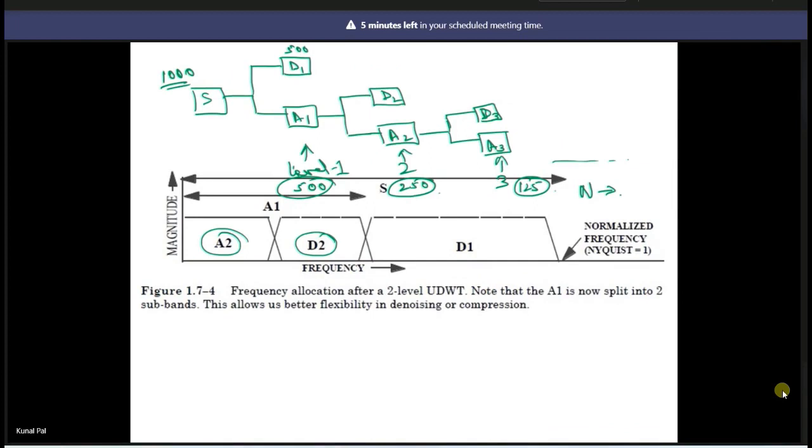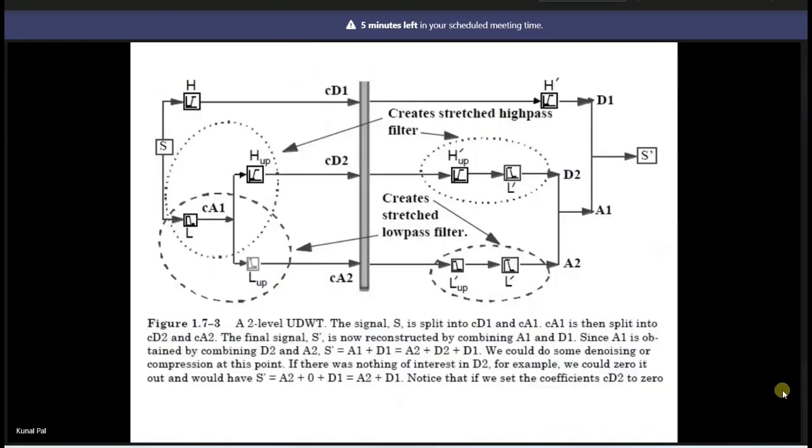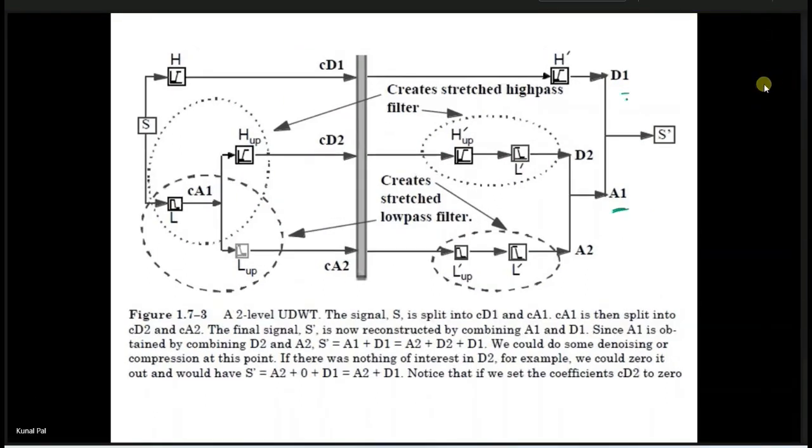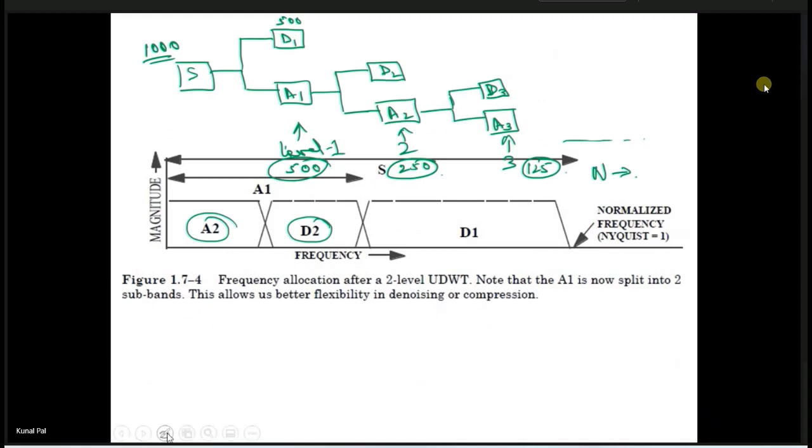Okay. Then again, you can join up all these and get back your original signal. So I will show you. You are joining up all these signals. These are all filters. Suppose you have a 100 hertz signal.